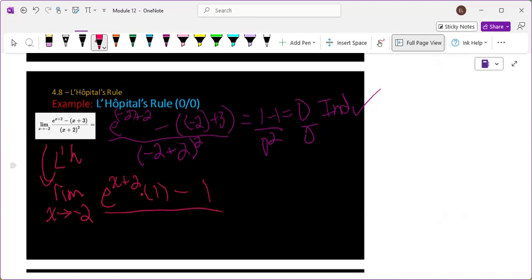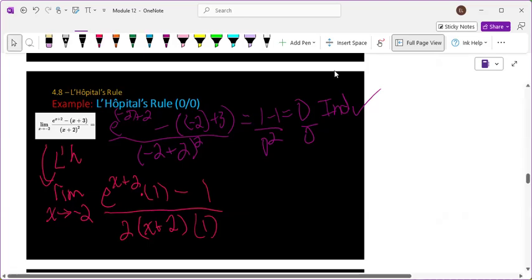And then on the bottom, we can do that one as a chain rule. So I've got ugly squared, so I use my power rule. 2 ugly, ugly being x plus 2, times derivative of the inside, well, it's just 1. All right, so now plug in the -2 and see what happens.